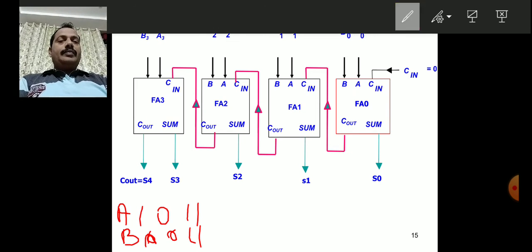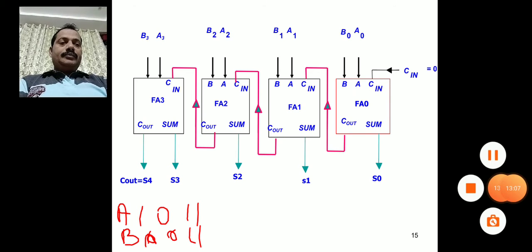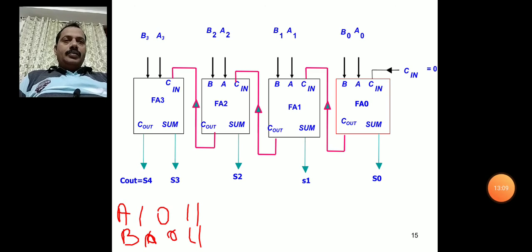Now A0 B0 is 1 1, and it produces sum 0 and carry 1.